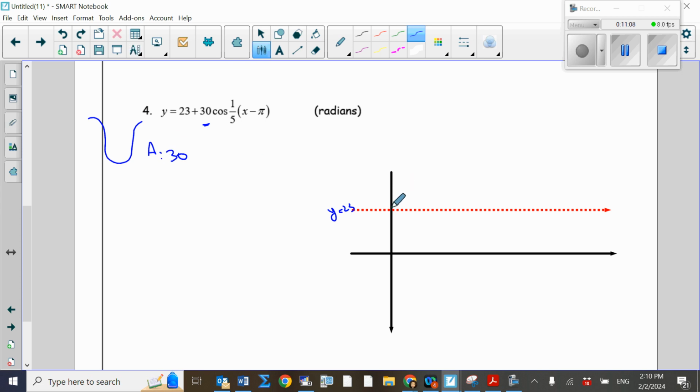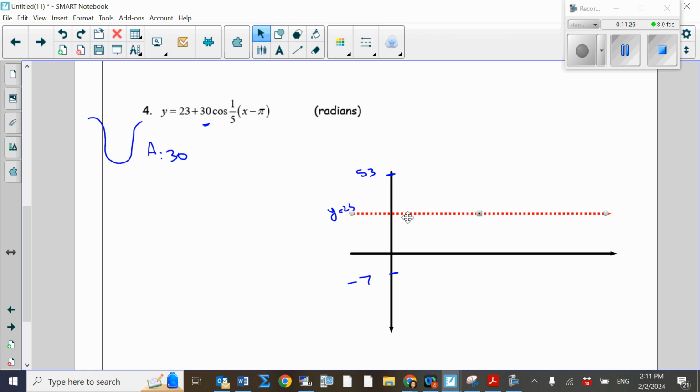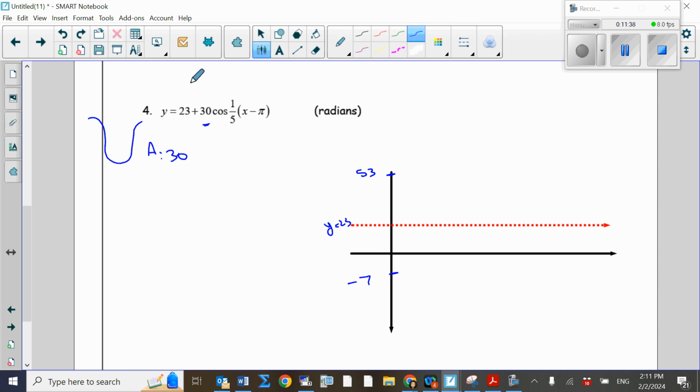So that means from here, we need to go 30 up, which is at 53, and 30 down, which is at -7. So that's the highest point, and this one is the lowest point. I'm going to bring this a little bit more down so the y equal to 23 is almost in the middle. Okay, this looks better now. So we found the maximum and minimum point.